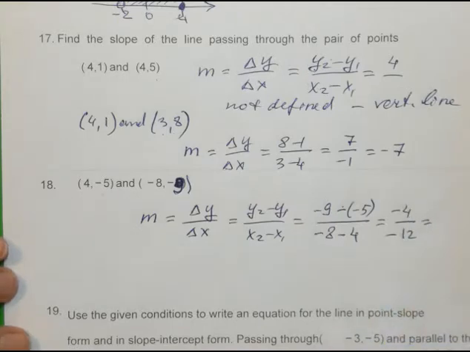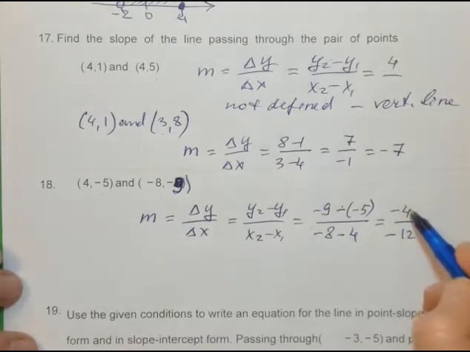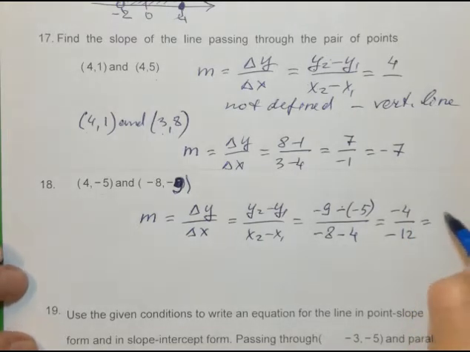Negative divided by negative, we get a positive number, 4 over 12. We can divide numerator and denominator by 4, we'll get 1 over 3.